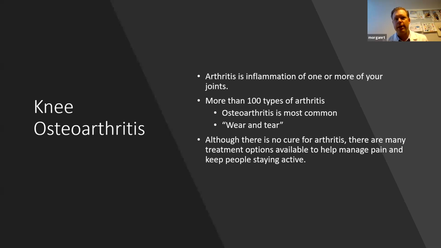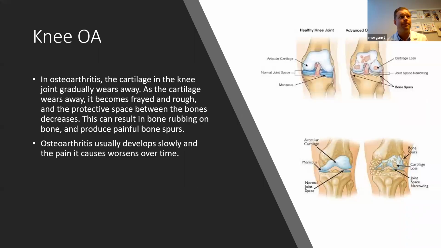But osteoarthritis, or the wear and tear, is the most common type. Although there's no cure, there are many treatment options available to help manage pain and keep people active. That's what we want. People doing the activities they enjoy, enjoying life, and having good quality of life. That's why we're here as orthopedists to help with that.